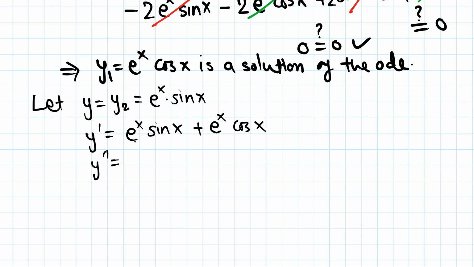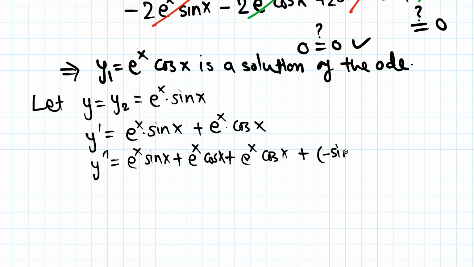Let's find the second derivative. Here is one product rule plus here is another product rule. Using the product rule, e^x sin x plus the derivative of sine, cosine, so e^x cos x, plus here e^x cos x plus the derivative of cos x, which is negative sin x, times e^x.